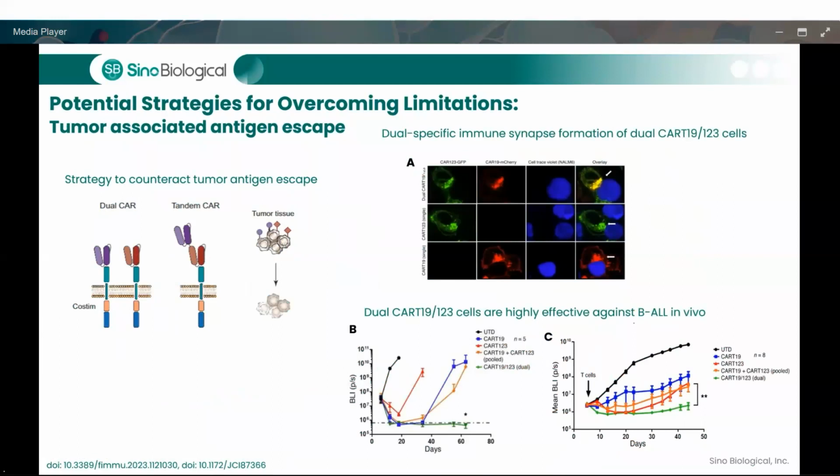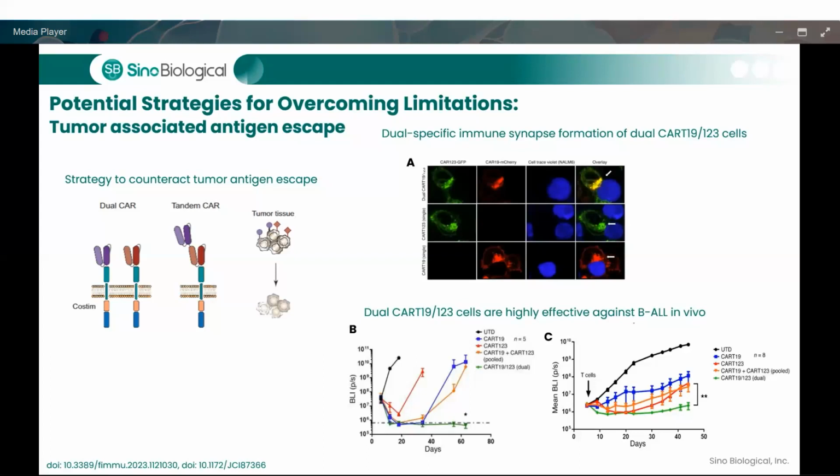To overcome tumor-associated antigen escape, CARs are engineered to recognize two different antigens simultaneously using bispecific dual or tandem CAR T cells. By targeting multiple antigens, the likelihood of the tumor cells escaping recognition decreases.